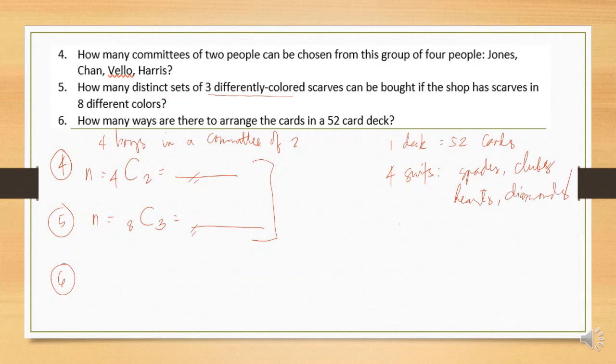And then remember, we have 13 cards per suit. No? So, that means we have face cards. Sa 13 cards na yon, yung king, queen, and the jack. And the number cards are 10 down to the ace. The ace is not considered a face card. It represents number 1. Okay?